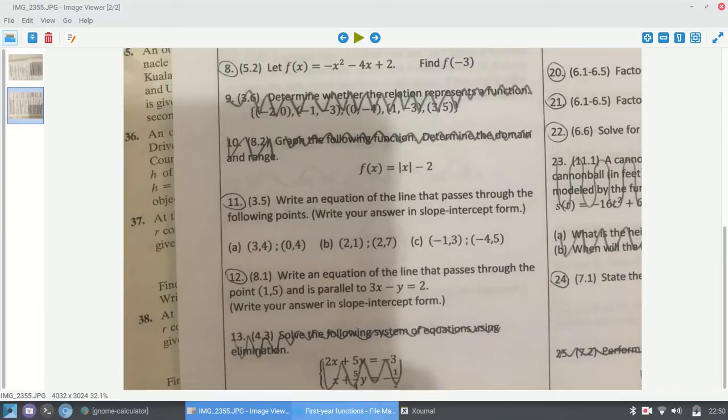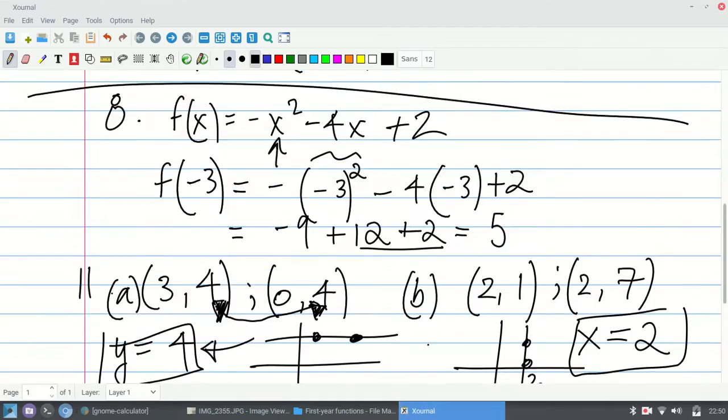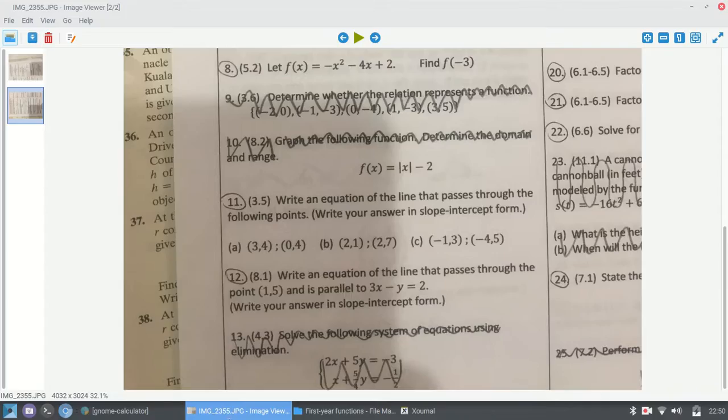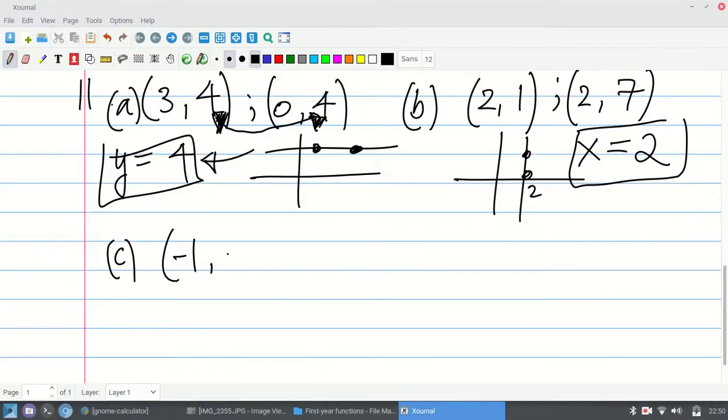Now, things are a little more complicated in part C. So, one more time: -1, 3 and -4, 5. These are ordered pairs, x1, y1, x2, y2.